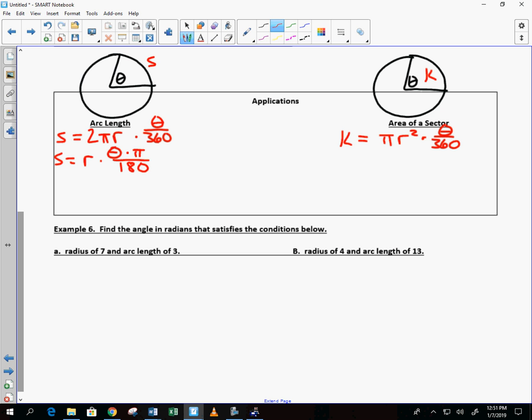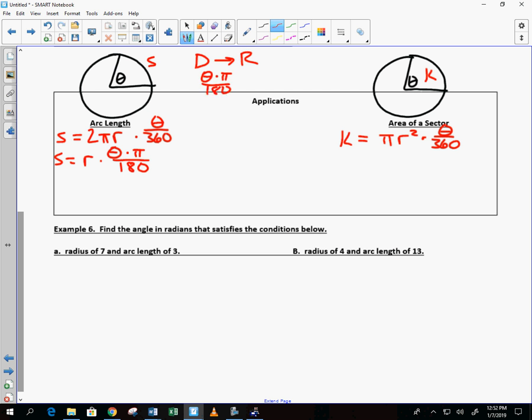Yep, so let's convince ourselves that those are the same. Do I still have the R? Do I still have pi? Do I still have theta? Do I have the 2 over the 360? It's all still there. Does that look familiar? Theta times pi over 180? Remember when we convert from degrees to radians, we simply take theta and we multiply by pi over 180.